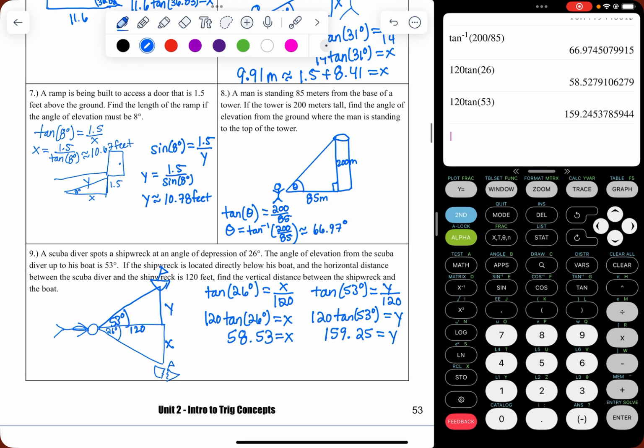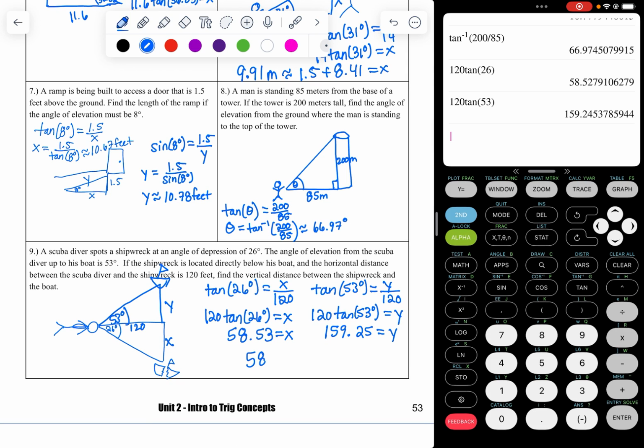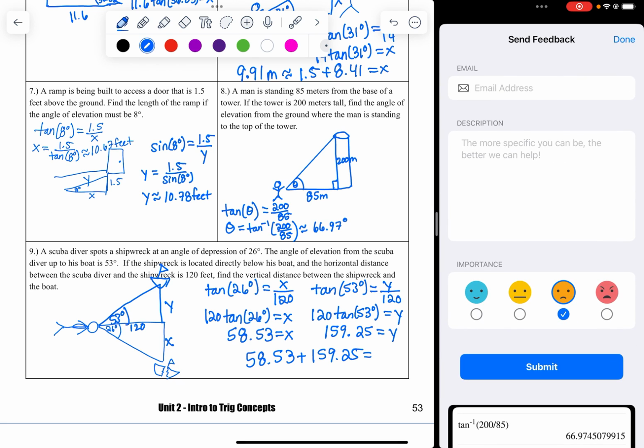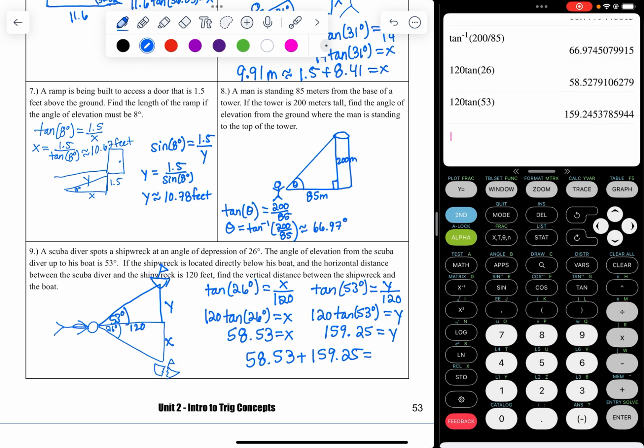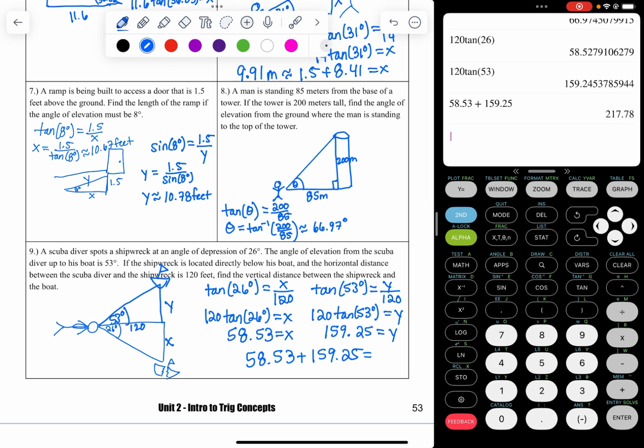So if I add those up, 58.53 plus the 159.25. So if I add those two together, we get 217.78 feet between his ship and the shipwreck.